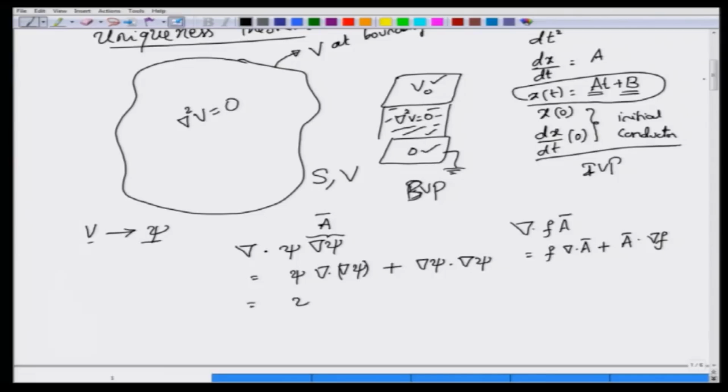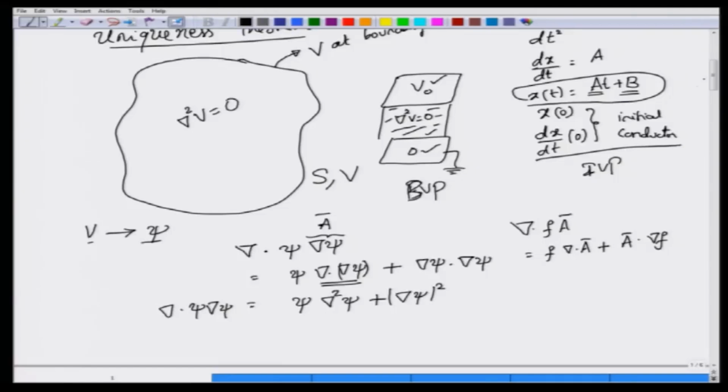Now, from the definition of the Laplacian operator, I already know what this term is, and that is nothing but del square. So, I have psi del square psi plus magnitude of del psi squared, because A dot A is magnitude of A squared.